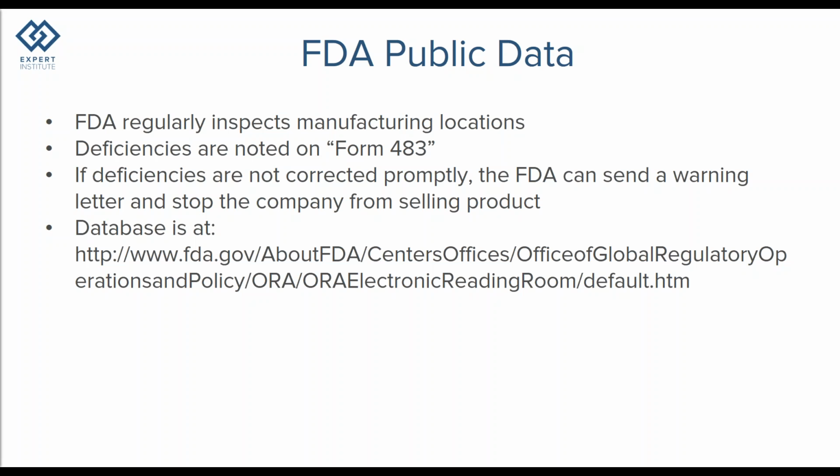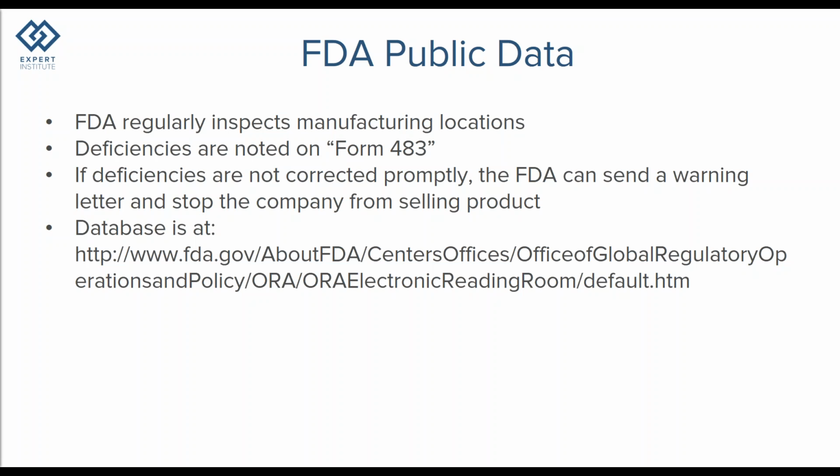But that is very, very rare. Most of the time, the FDA and the manufacturer will negotiate a little bit of time, and often deficiencies can also be very minor things.